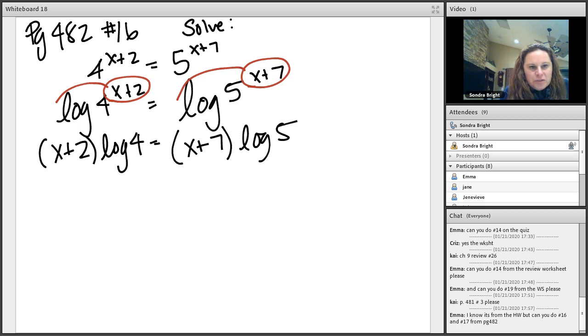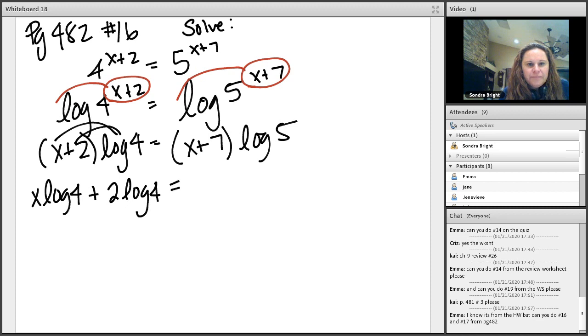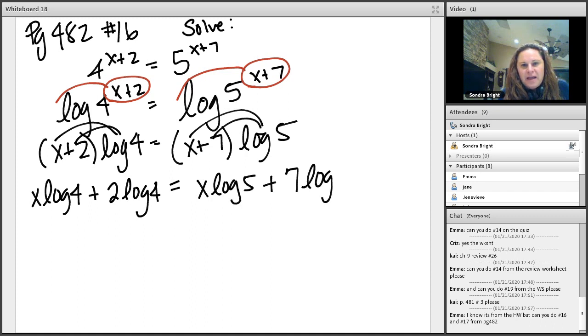All right, I'm going to distribute the log of 4 into both of those. X times the log of 4 plus 2 times log of 4. I'm going to distribute the log of 5 into both of those too. So you have x times log of 5 plus 7 times log of 5.